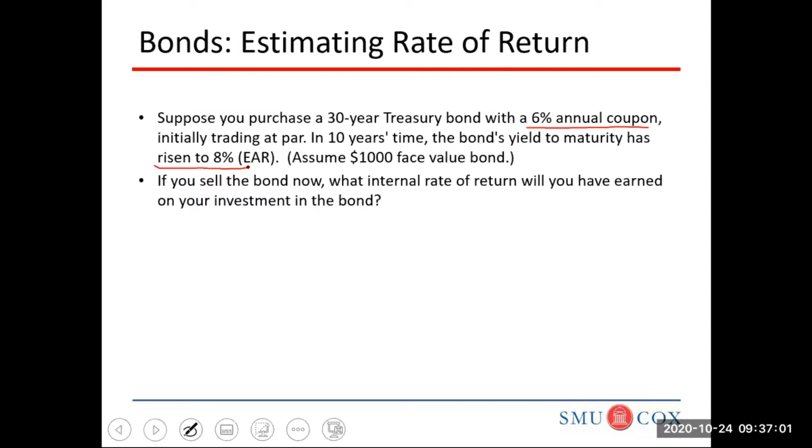So step number one is to calculate the value of this bond in year 10 with the new yield to maturity. Who would guess, if the yield to maturity increased from 6% to 8%, what would have happened to the bond price?